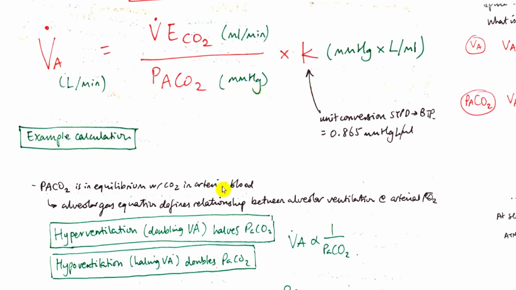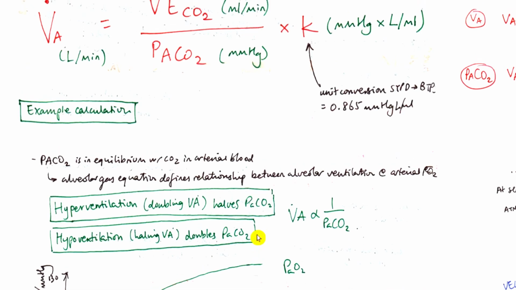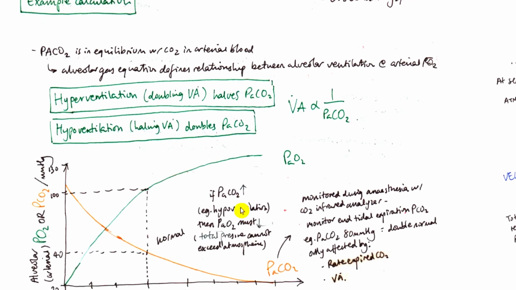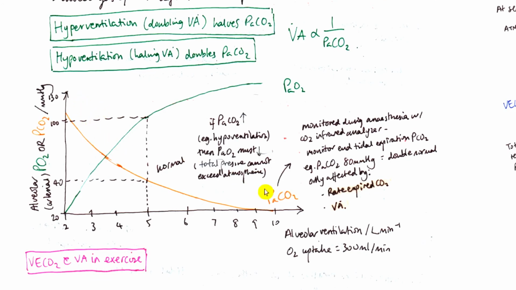So hypoventilation, decreasing your breathing rate or depth, halving your VA doubles your PACO2 because they're inversely proportional. And this graph here shows the relationship between PACO2 and PAO2 as well. So if we plot alveolar ventilation in litres per minute, with an O2 uptake of 3,000 millilitres per minute, against alveolar partial pressure of oxygen or carbon dioxide in the arteries as well, that would be the same.